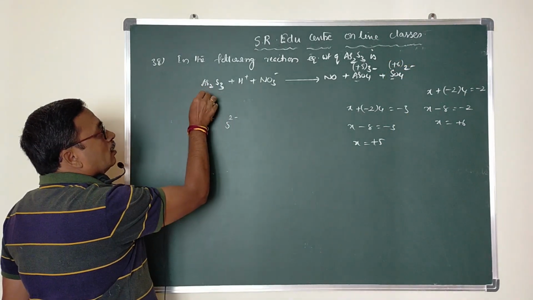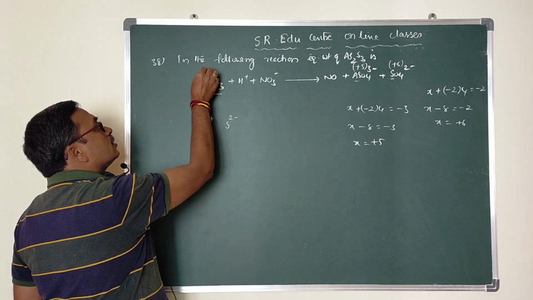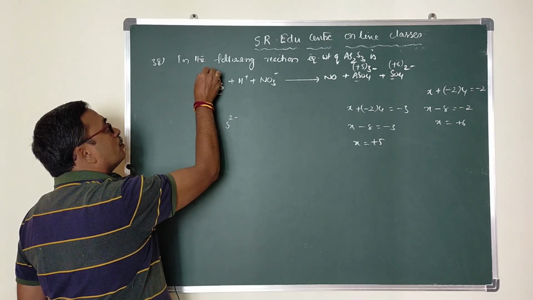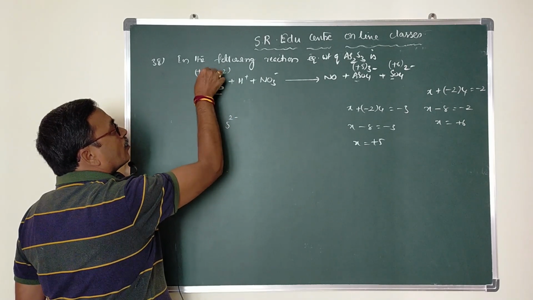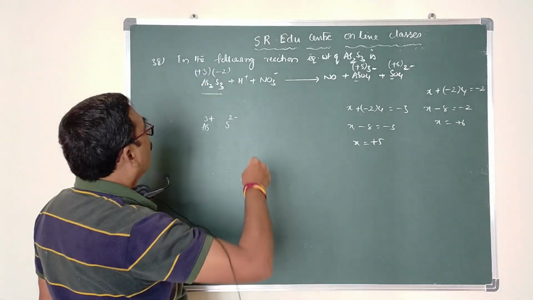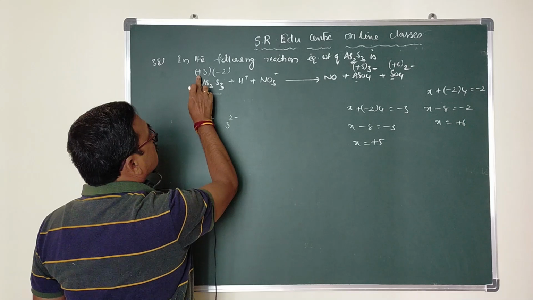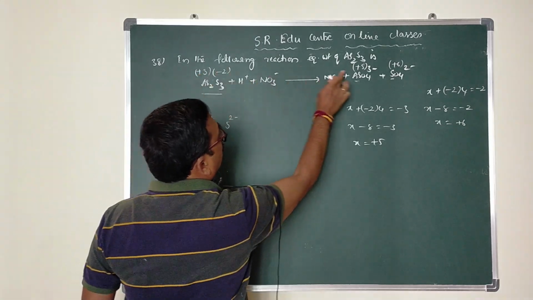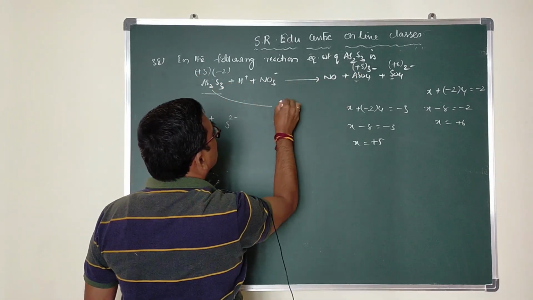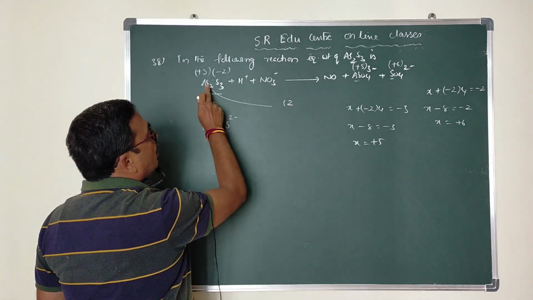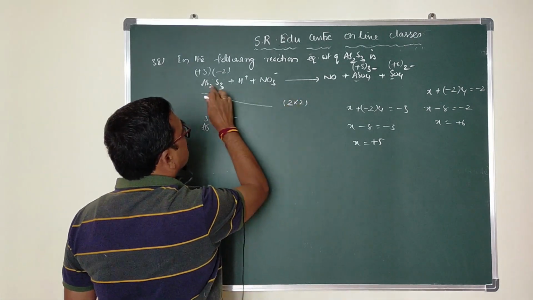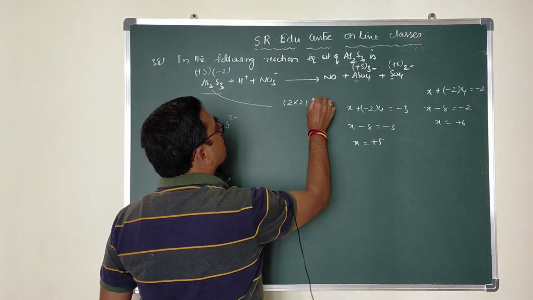And in the arsenic sulfide, the oxidation state of arsenic is +3 and sulfur is -2. So oxidation state of arsenic changes from +3 to +5. So change is 2. Per atom is 2, per molecule is 2 into 2 because 2 arsenic atoms are there.